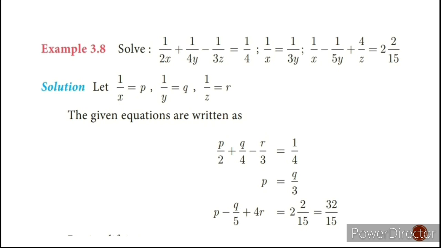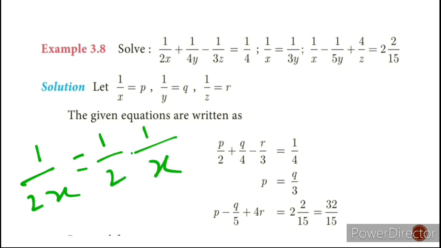I take the first term 1 by 2x. This can be written as 1 by 2 into 1 by x. I write it as 2 terms in the product, so there is no change in value. We are well known about this: if you want to multiply 2 rational numbers, multiply the numerators and multiply the denominators. 1 into 1 is 1, 2 into x is 2x, so there is no change in value.